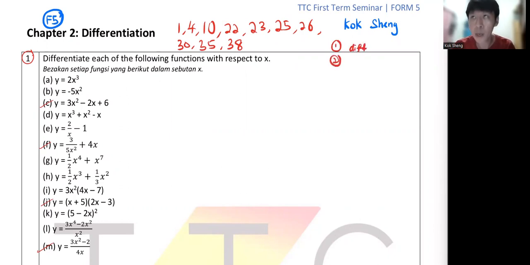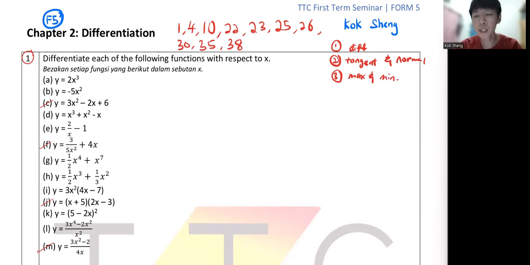The second part later, we are going for the tangent and normal. And the last one, if possible, we can go for the maximum minimum. So these are the questions that we go through for today.